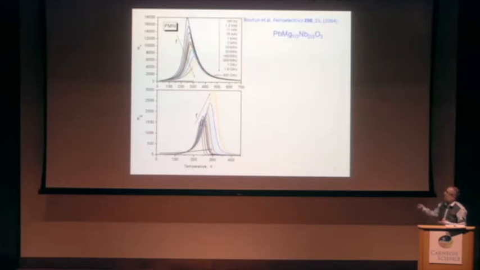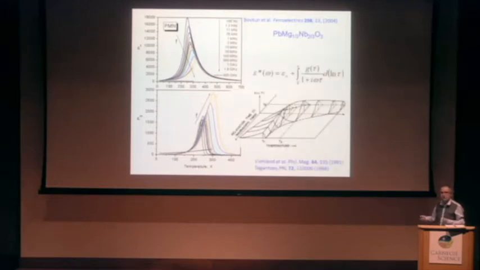So there is a typical picture of relaxors, and PMN is typically representative of a relaxor, showing a shift of peak permittivity with frequency, and it was explained already many years ago.